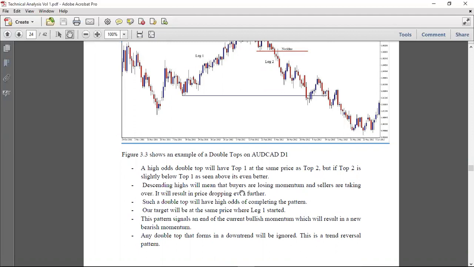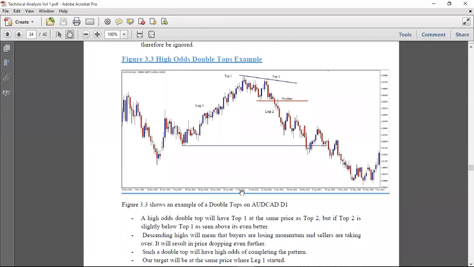If the market starts printing lower highs like this, it means there is so much selling pressure.